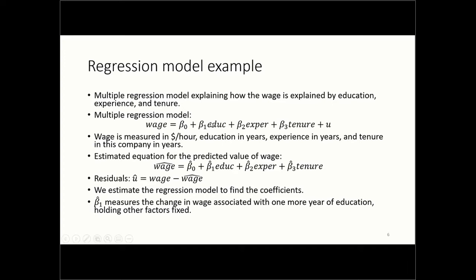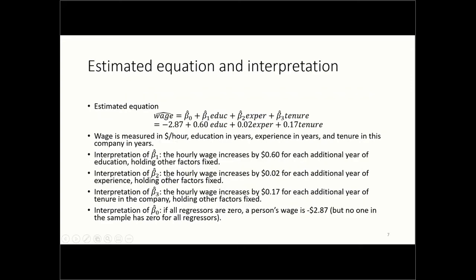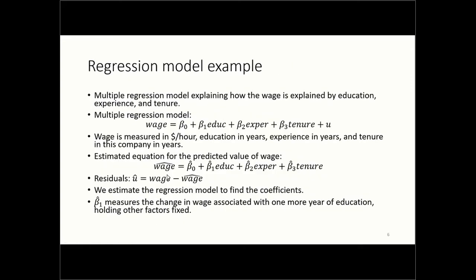So notice again that the regression model, the one for the population, has the error term at the end, and none of the parameters here have hats. Here, after we estimate the equation with the sample data, we no longer have the error term. We have the predicted value here, and all of the coefficients have hats on them.